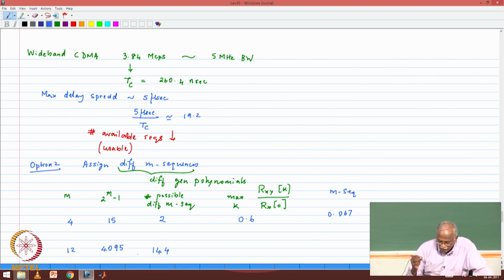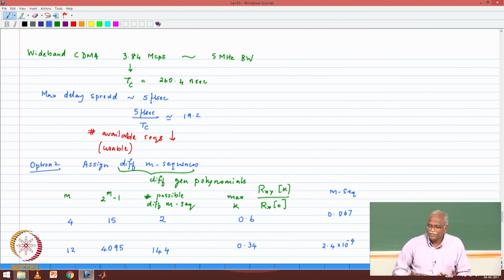But if you are unlucky and you pick the wrong combination, you can have a cross correlation as high as 0.34, when in fact the M sequence would have given you 2.4 into 10 power minus 4. It would have given you 1 over 4095. Okay. So basically you can see that M sequences are going to be restrictive in their use.